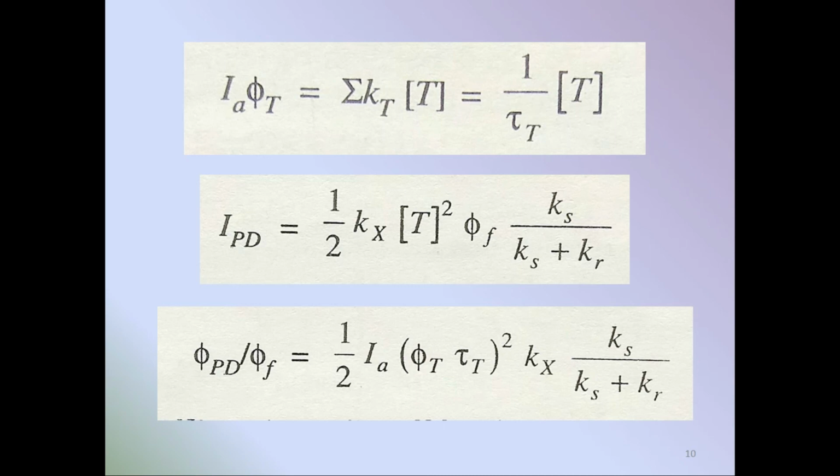Thus the intensity of P-type delayed emission, that is I_PD, is given by the second equation.